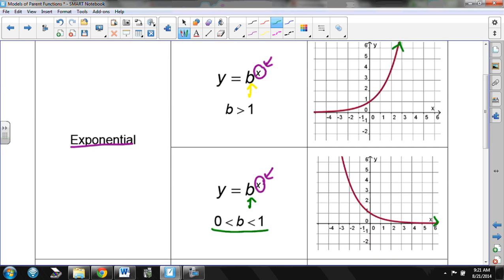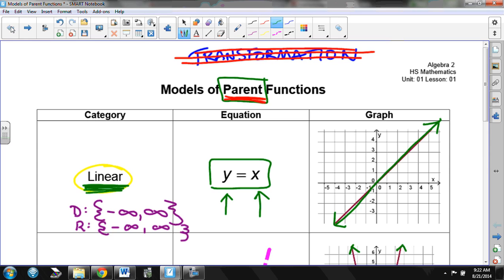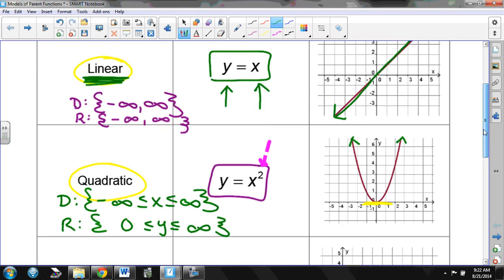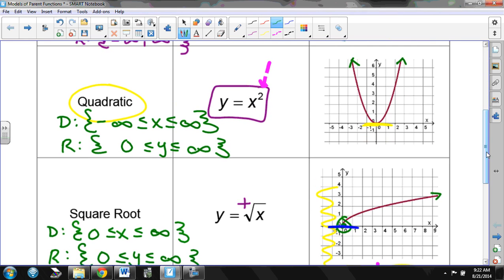Some students confuse exponential graphs with quadratic graphs. So let's go back and see why they're different. What do you notice about a quadratic? This part of the curve looks kind of like the exponential. But how about over here? Quadratic goes back up on the negative side.